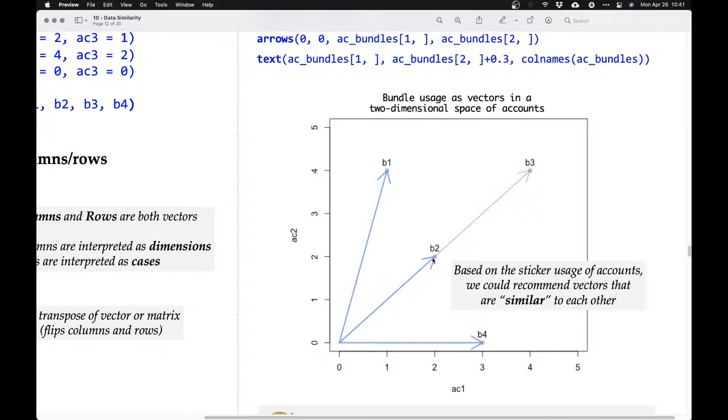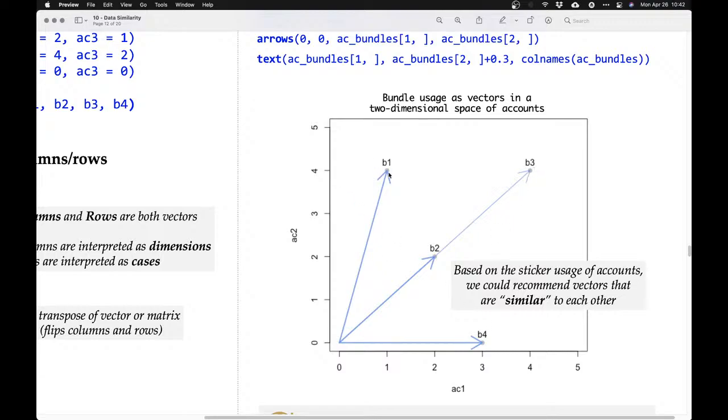Like what one really likes, the other one really likes. So for bundle 2 and 3, they're similar in the sense that as much as one likes one, the other person also likes that, and bundle 2 follows a similar pattern. It could be now that they haven't used bundle 2 very much, but they agree with each other on their like or dislike of these bundles.